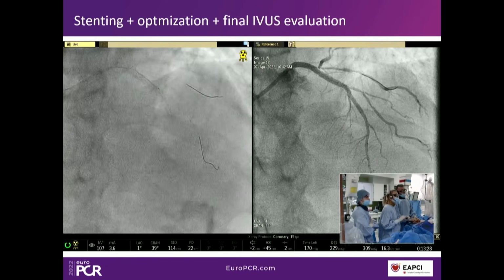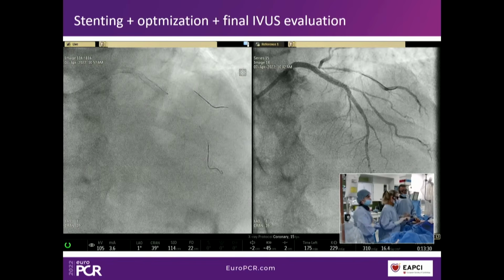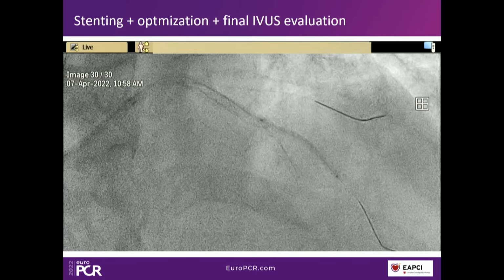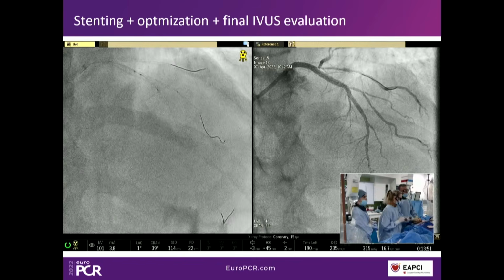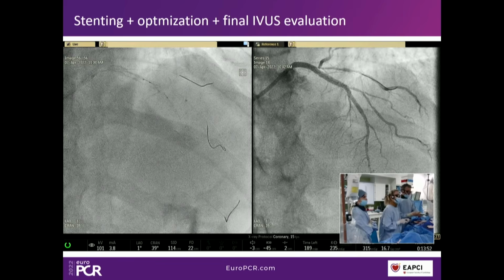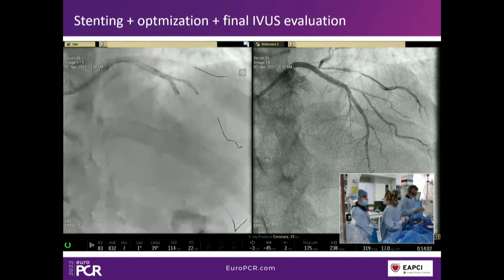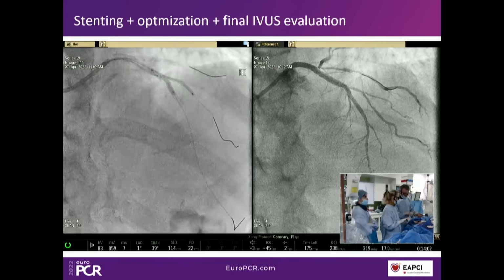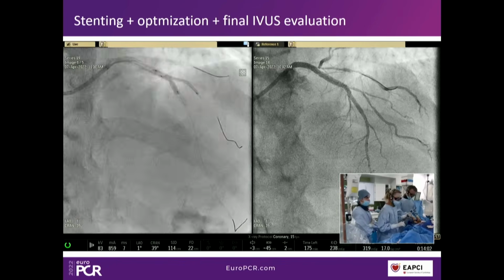Yeah, I think so. Inflating. This is the diameter of the side branch. And you've got the 3.5 non-compliant. So you can see. Inflating. Up 3, 1, 2, 3. Down from 10 in both.